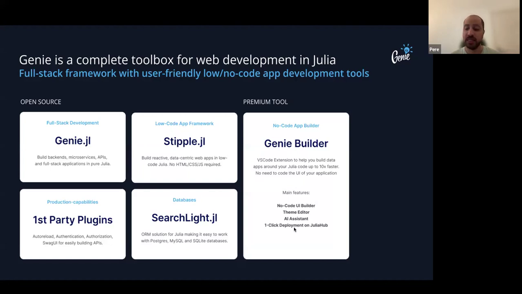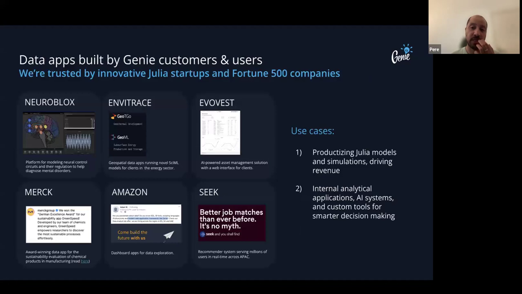Now, Genie is used in the Julia community by many of its users, and it is also used by innovative Julia startups and also Fortune 500 companies. Here we have some examples from users of Genie, companies like Neuroplugs, Merck, Amazon, MB3, EvoBest, and SIG.